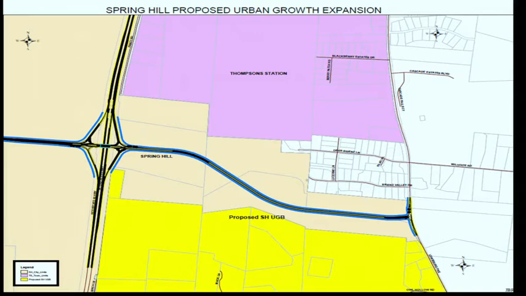And also, just going back a little bit to understand, we would also use our 2040 Spring Hill Rising plan to identify if the use that the landowner would like to annex and rezone that property to is an allowed use.